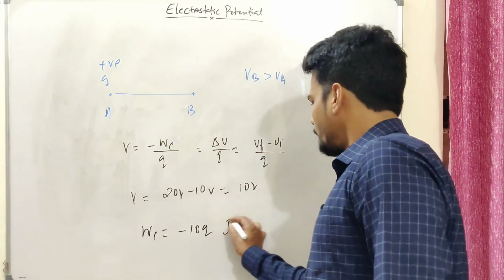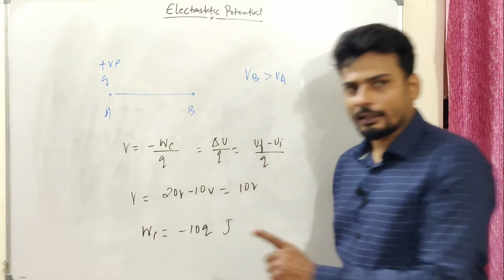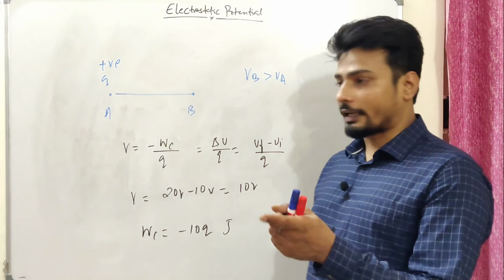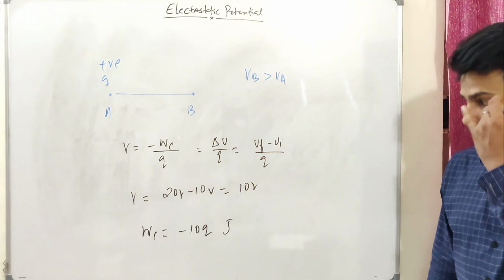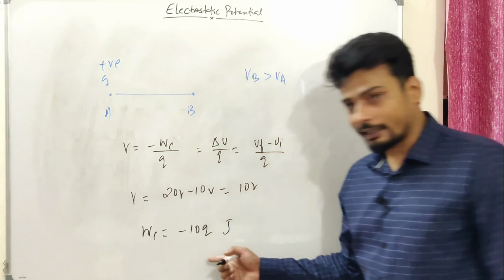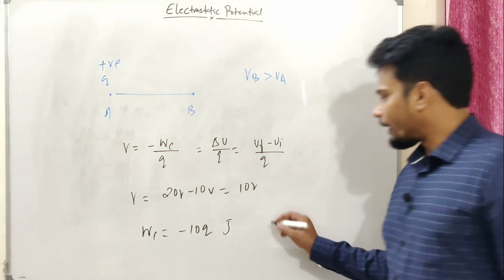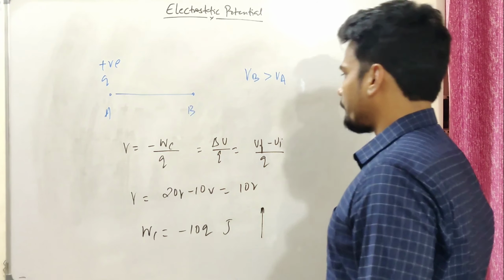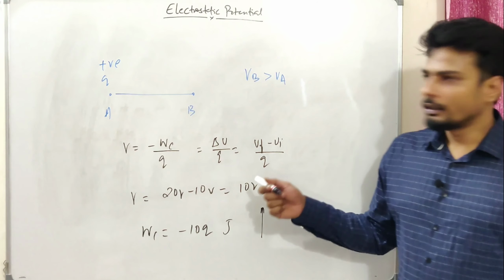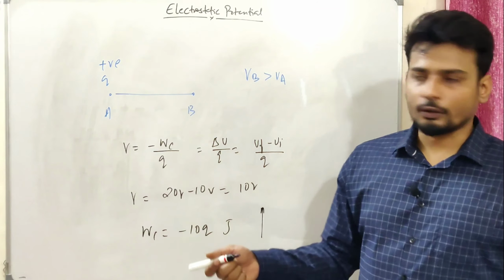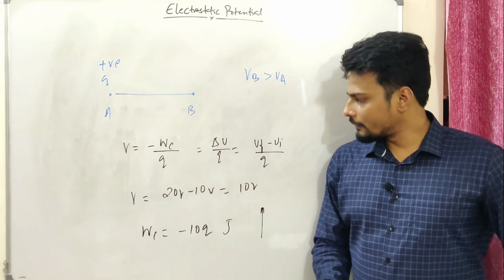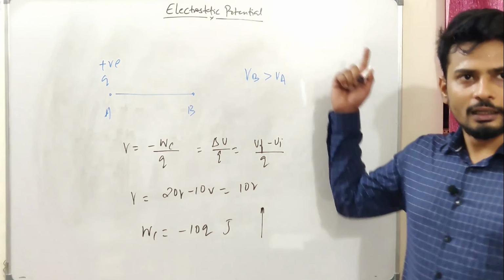If the work done is negative by the conservative force, what happens? We have done this in the electrostatic potential energy chapter. If the work done by the conservative force is negative in moving the positive charge, it means the energy of the system will increase. Again I'm telling you, if you have not seen that video, please watch the previous video of electrostatic potential energy. I'm going to give the link in the description as well as in the I button over there.